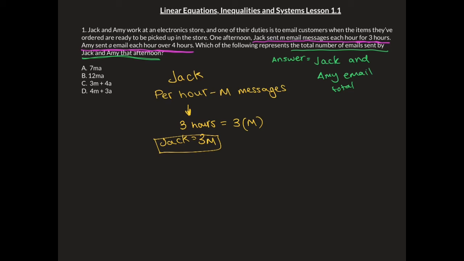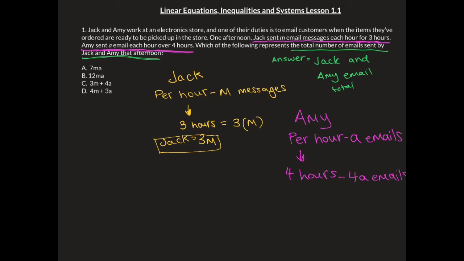Next we'll take Amy. Amy, on the other hand, sent A emails each hour over 4 hours. So that means per hour, she's sending A emails. And she continues this for 4 hours. So if this is 1 hour, she's sending A emails, and if it's 4 hours, she must send 4A emails.